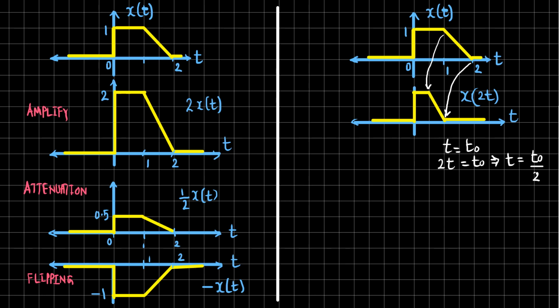Therefore, the value that was present at 2 is now present at 1. The value that was present at 1 is now present at half, and so on. So here it is 1, here it is 0.5, and so on.